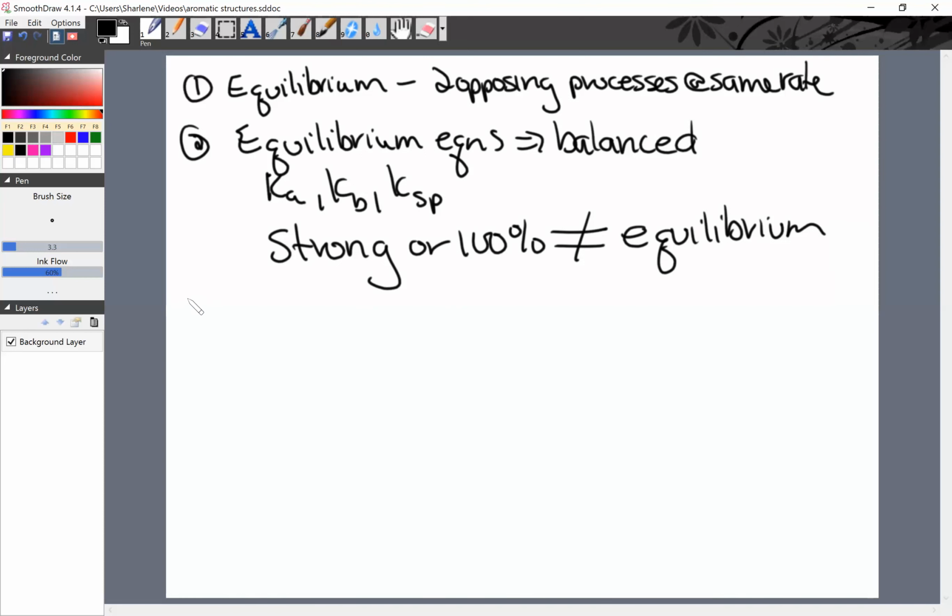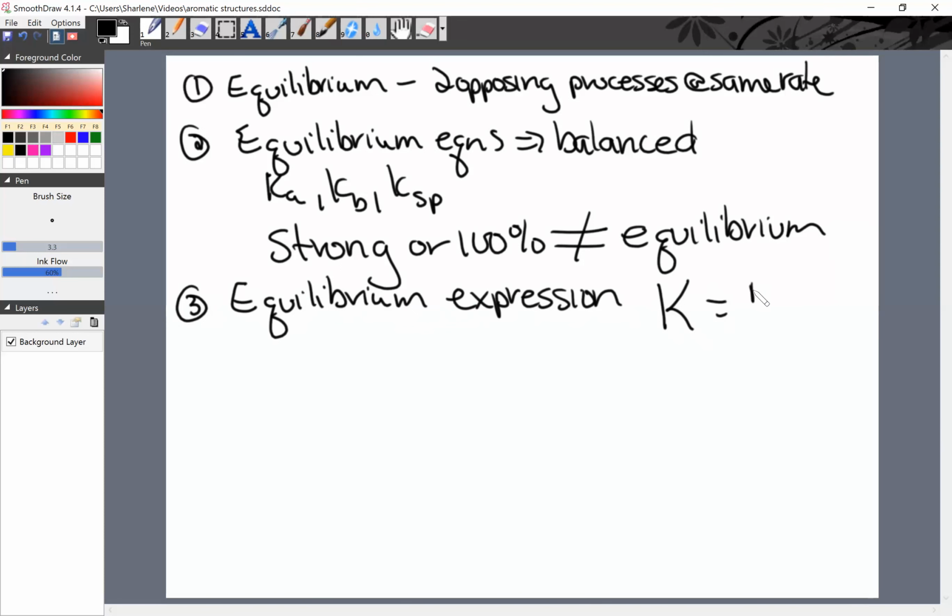All right, after the equilibrium equation, you should always be able to write an equilibrium expression. Which is the big K is equal to the products to their coefficients over the reactants to their coefficients.